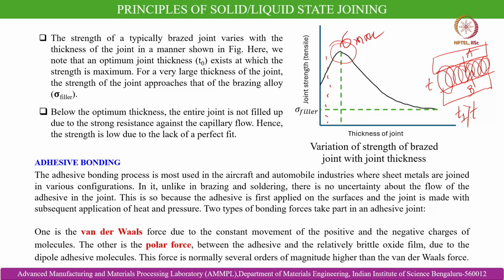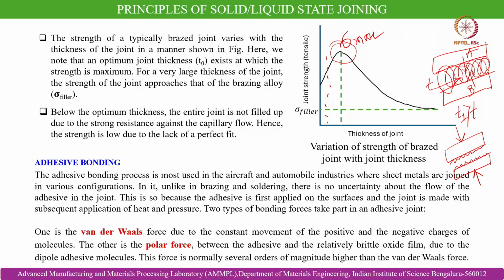So, what does this line mean? As we have discussed at the top, in brazing, in the capillary action, the filler material needs to fill the gap, the joint region between the adjacent neighboring plates. Whereas in adhesive bonding, the adhesive is applied over the individual plates that are going to be joined, and then appropriate pressure and temperature are applied to cure the adhesive.